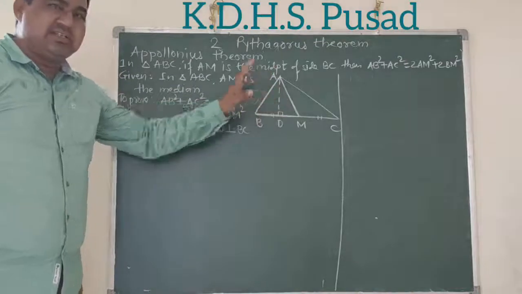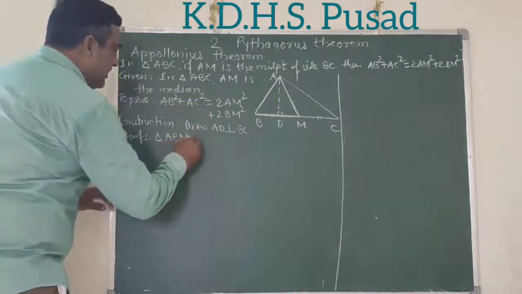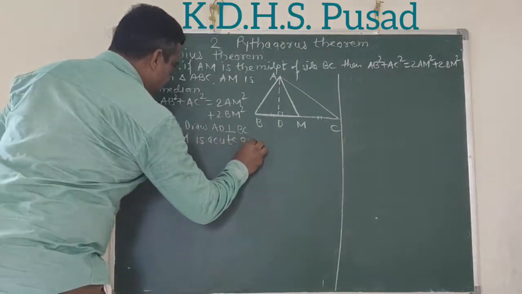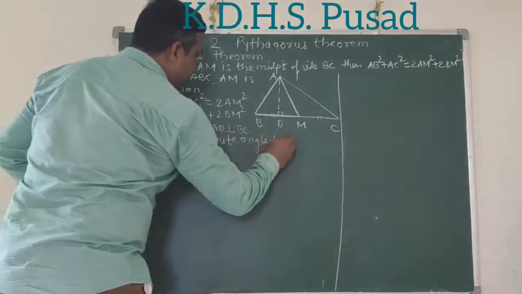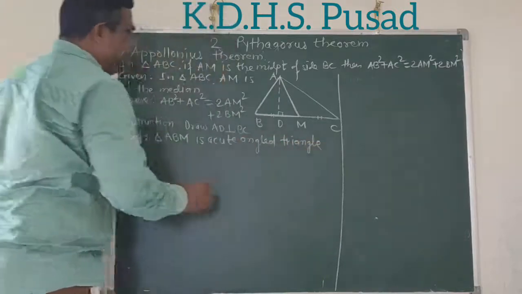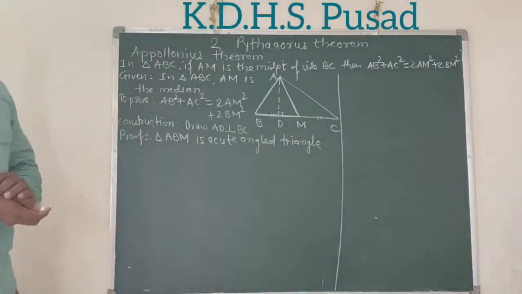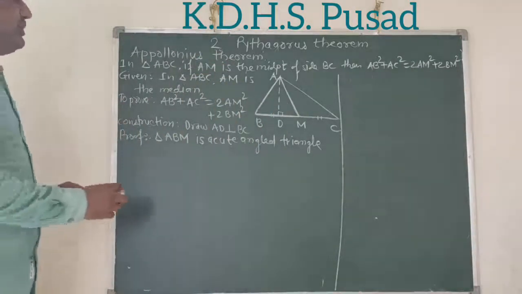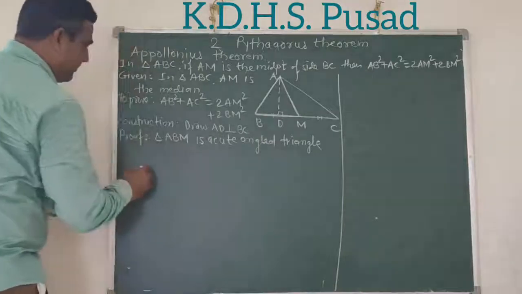Check all three angles. These are acute angles, so it is an acute angle triangle. Actually, for an acute angle triangle, the proof is separate, but here we are continuing in this proof.